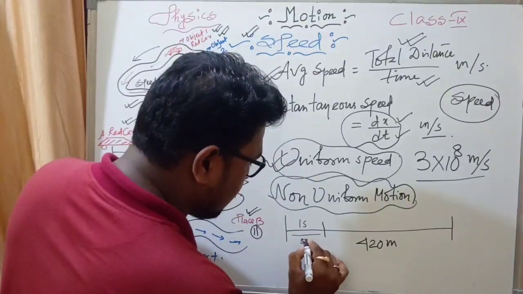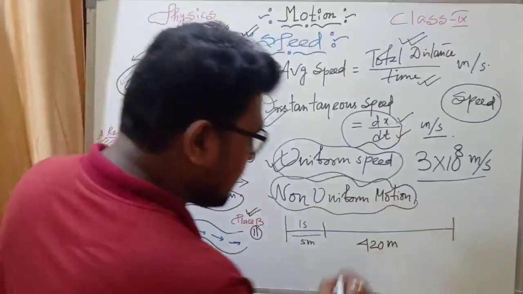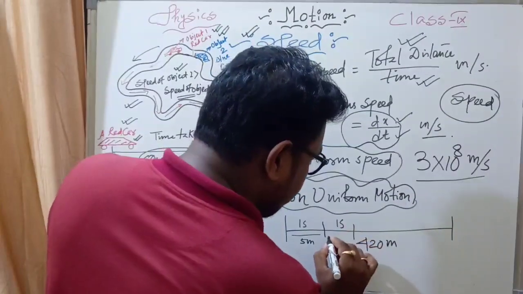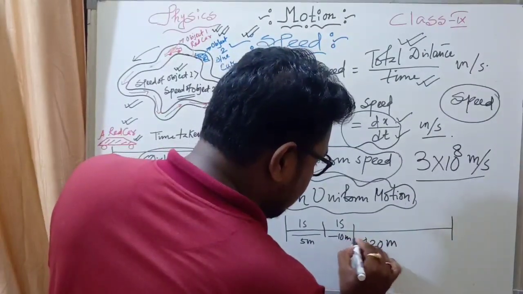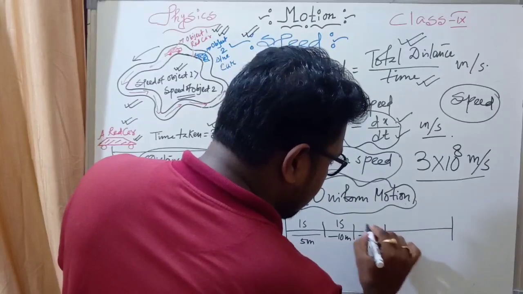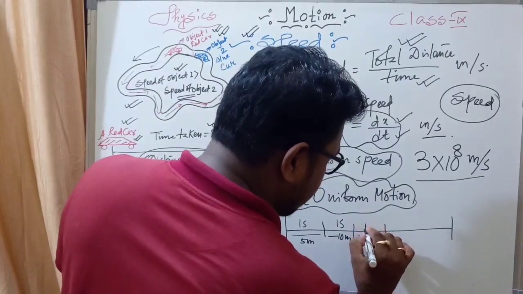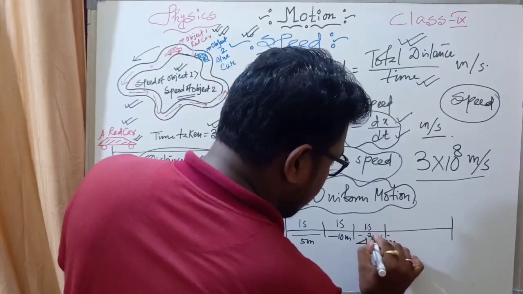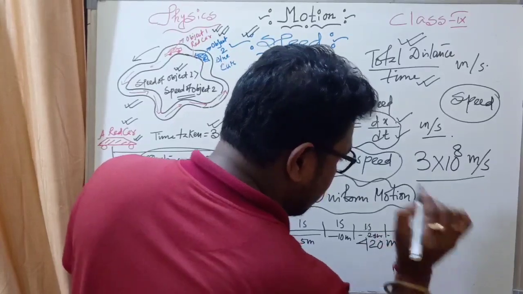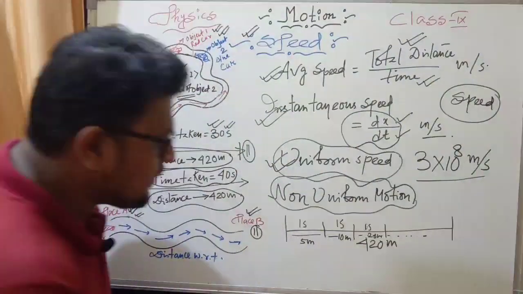In the first 1 second it covered a path of 5 meter. In another 1 second it covered 10 meter. In the next second it covered around 20 meter, and so on, continuously.